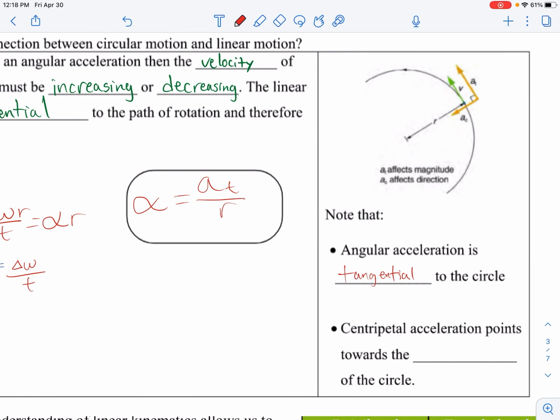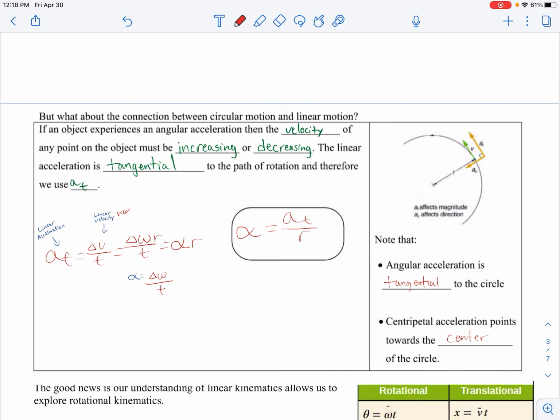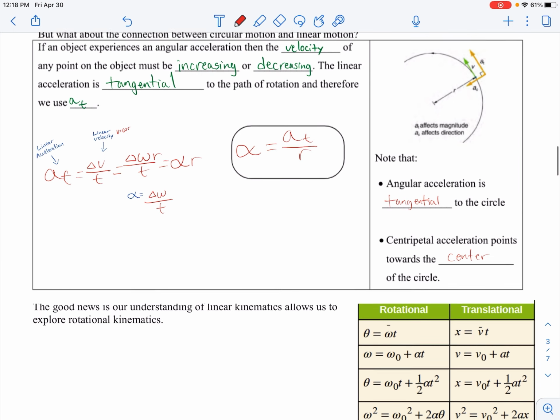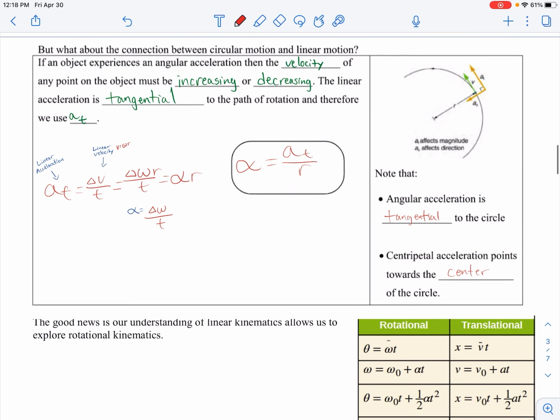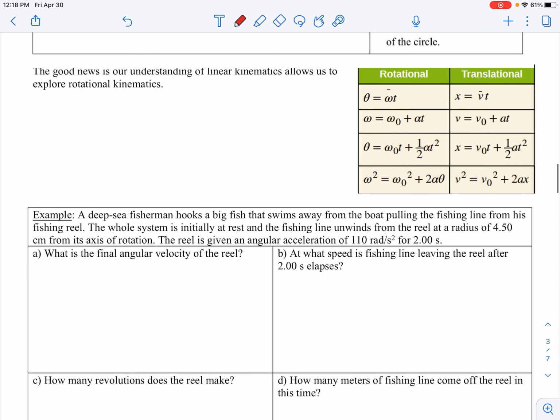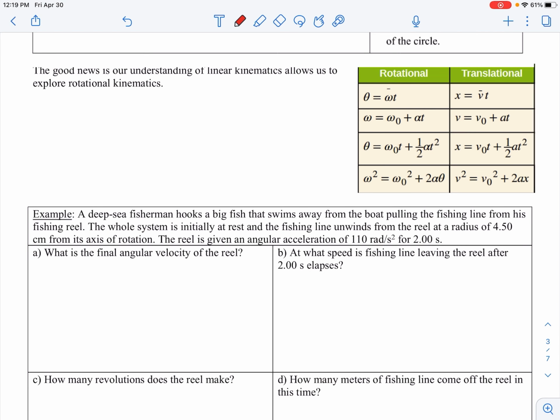And we learned previously that centripetal acceleration always points towards the center of the circular motion. Okay. So we see that there are some relationships between linear, also known as translational, and rotational motion. That's what we're going to get into here.